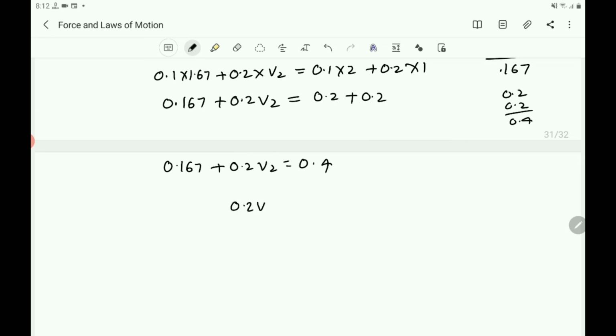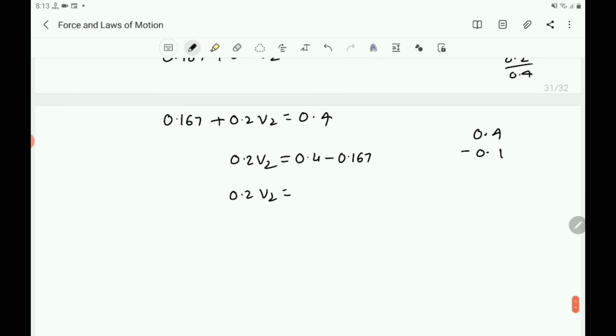So you write 0.2 v2 equals 0.4 minus 0.167. If you subtract, 10 minus 7 is 3, 9 minus 6 is 3, 4 minus 1 is 3. So it becomes 0.233.